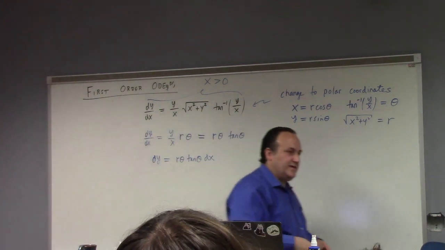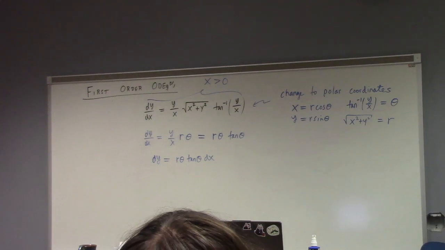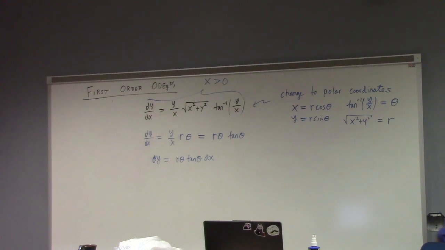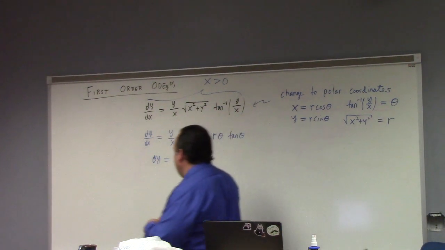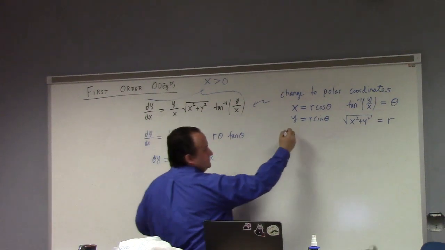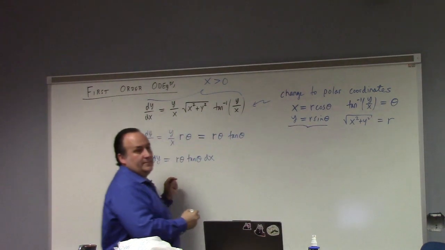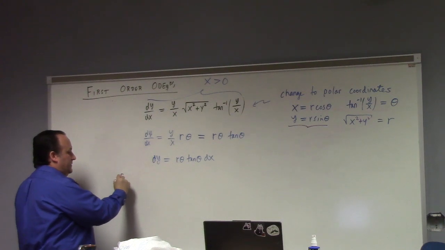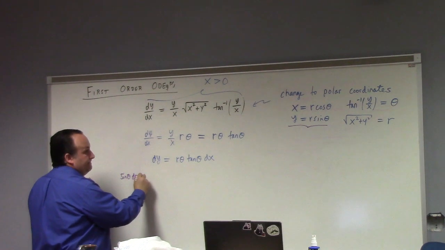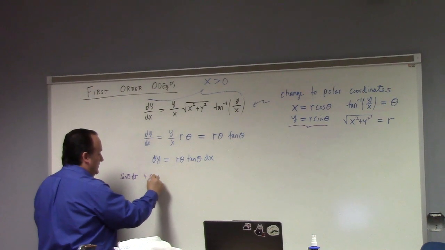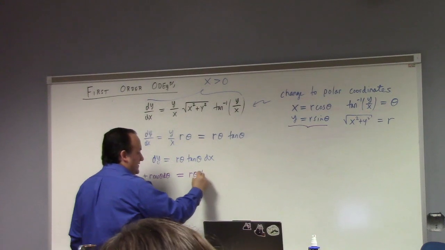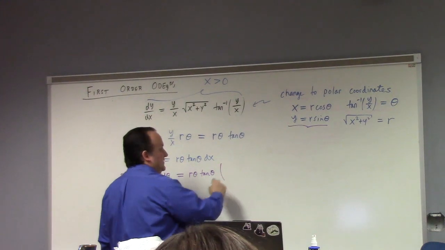This total differential thing we teach you in Calc 3 does all the variable change for you if you just let it do the work. What I'm saying is, take the differential of y, what do you got? You have sine theta dr plus r cos theta d theta is equal to r theta tangent theta times, what's dx?